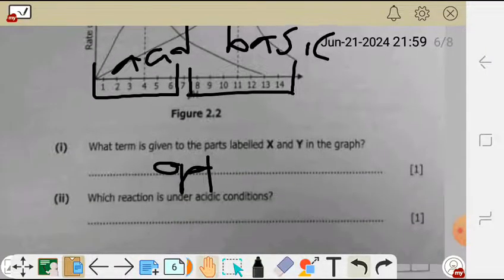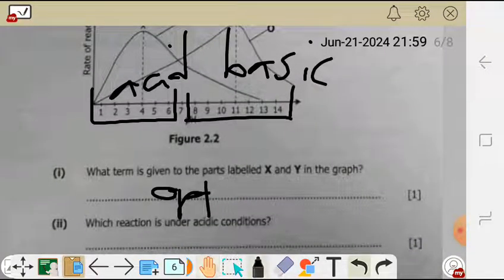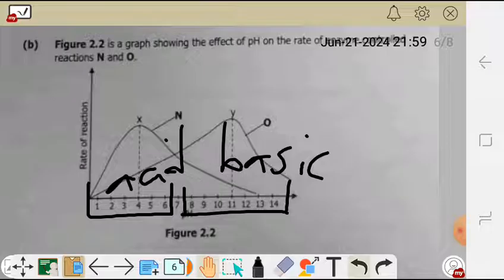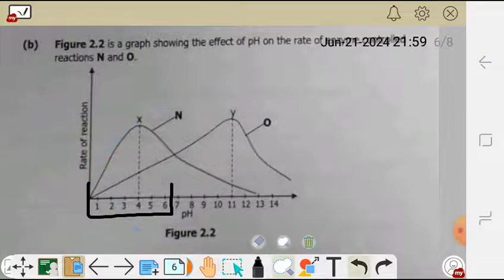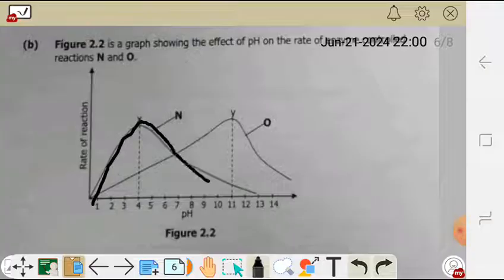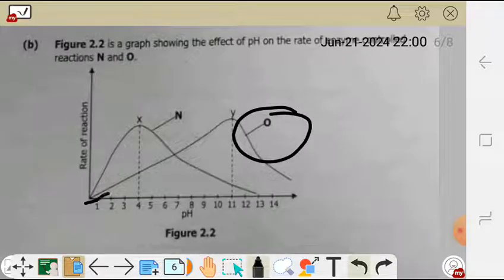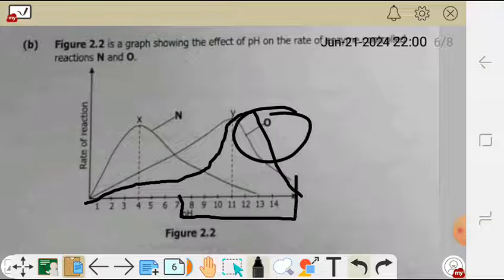Okay, so the question is saying which reaction is under acidic condition. On these reactions we have reaction N and reaction O. Reaction N, we see it is at the part where it is acidic, and reaction O, it is mostly where it is alkaline, from 7 to 14.